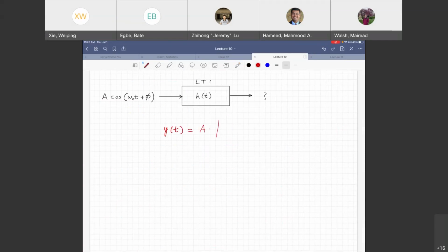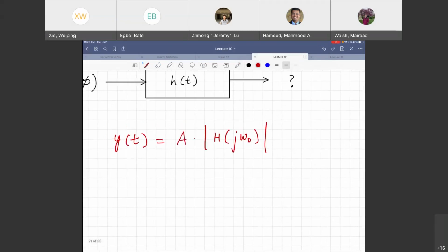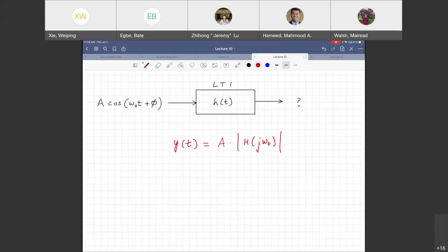You will multiply it with the magnitude of H of j omega naught. Who tells me omega naught? The input signal tells me omega naught, right? So for cosine 2t, this would have become H of j2, right? So the input frequency is what is determining that.